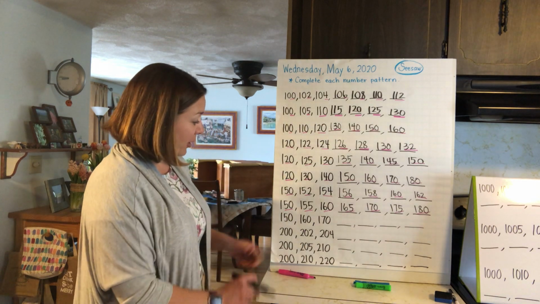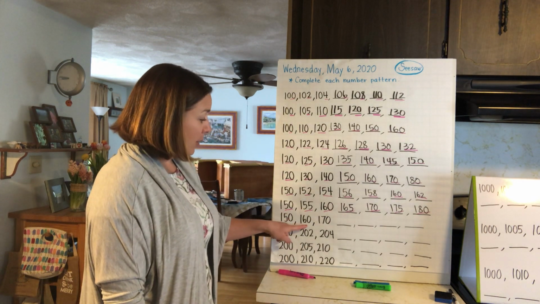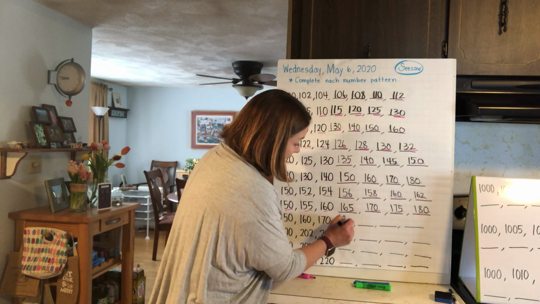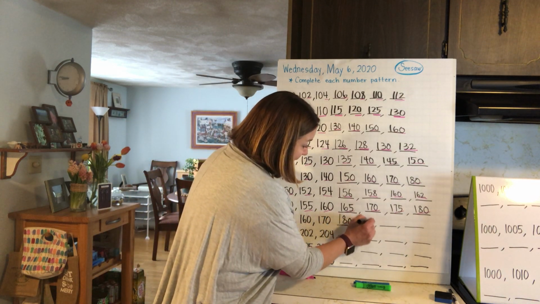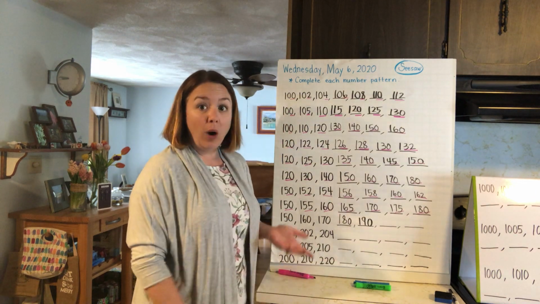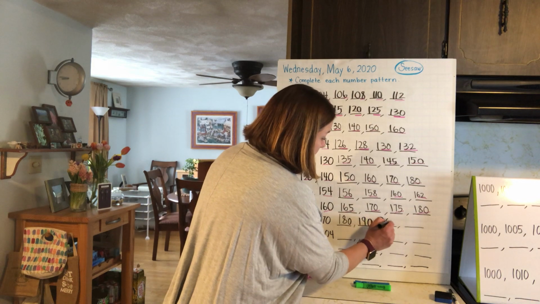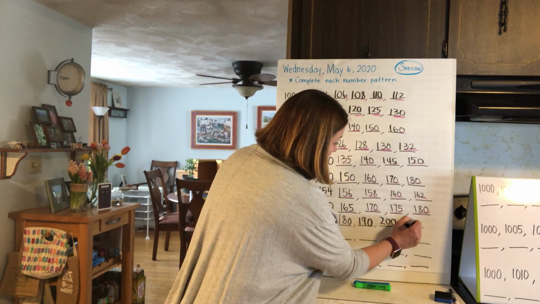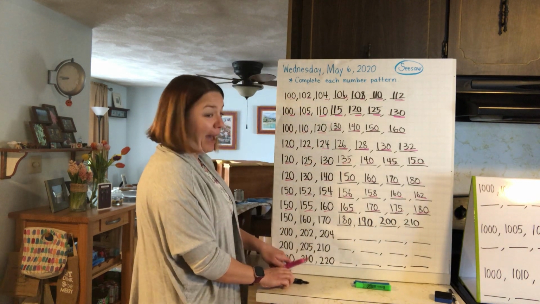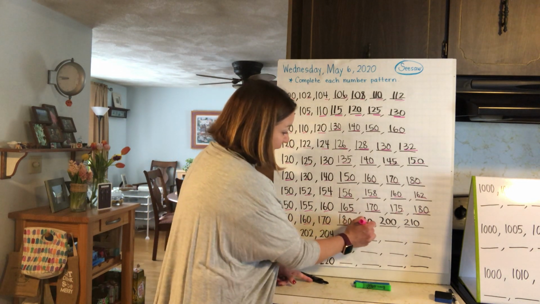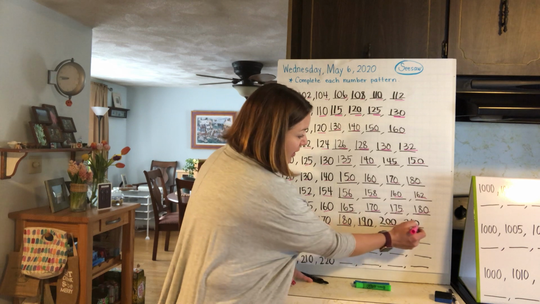This is a pattern counted by tens. 150, 160, 170, 180, 190. After 90 is 100, so after 190 is 200, 210. The pattern just keeps repeating. 50, 60, 70, 80, 90. Here's our 100, 110.